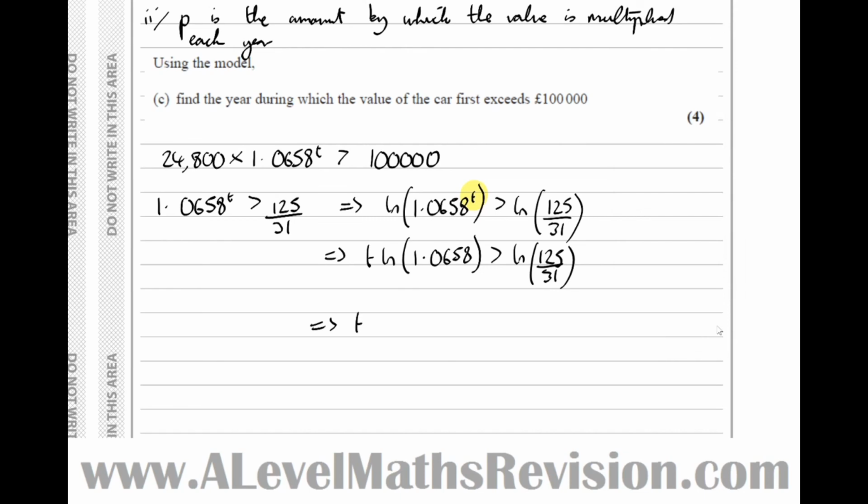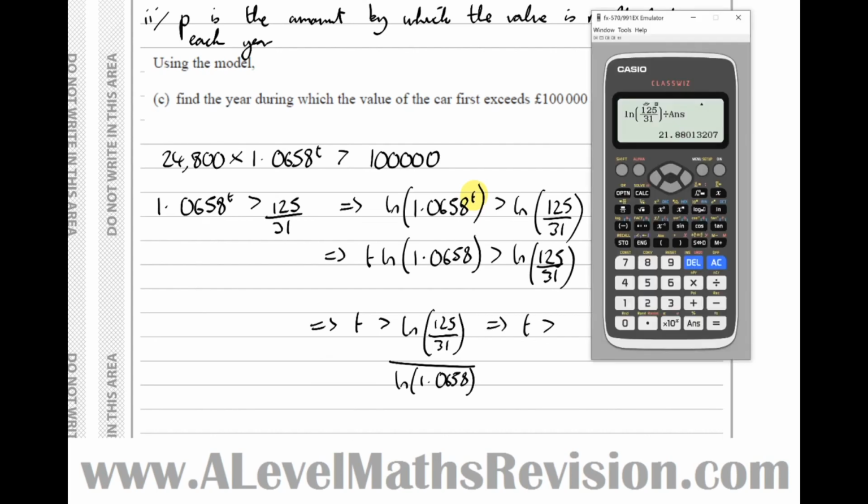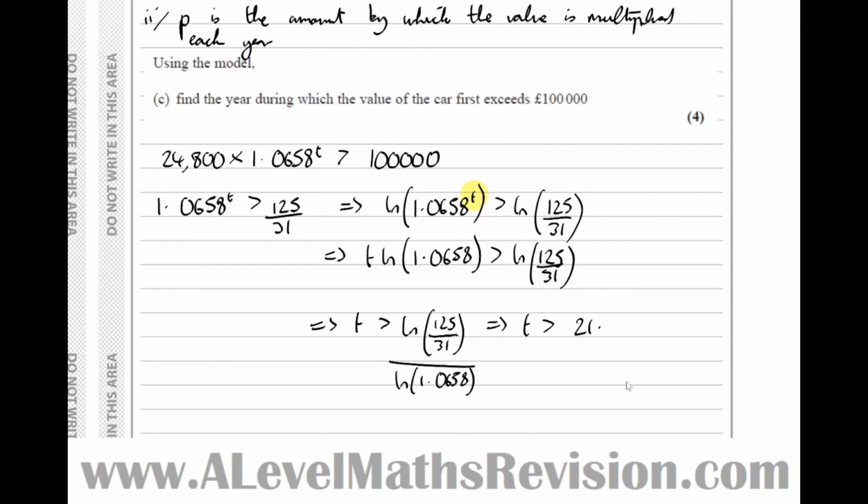So T is greater than log of, and show every step, 125/31 over log of 1.0658, which implies T is bigger than 21.88, which means that if T has to be bigger than 21.88, find the year during which the value of the car first exceeds £100,000.